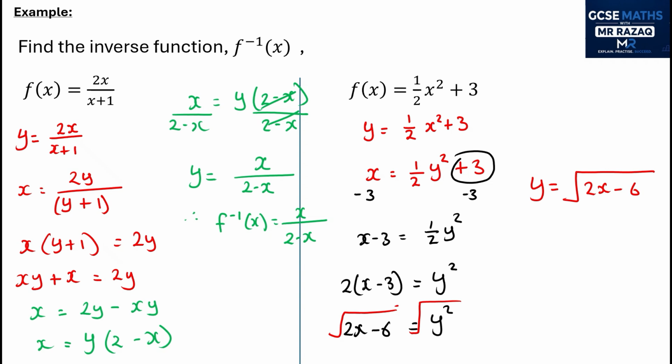And now you're done, because you've made y the subject of formula. That means you've just done the inverse operation. So your final answer is going to be f inverse of x is equal to the square root of 2x minus 6. Now that part is really important. When you make y the subject of formula, you must change it to the notation f inverse x.